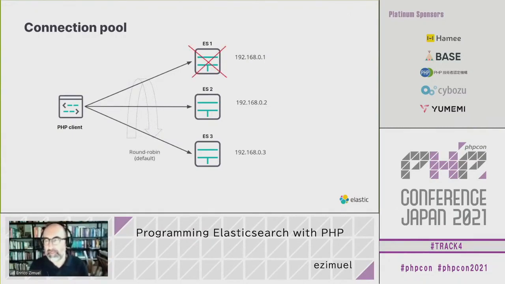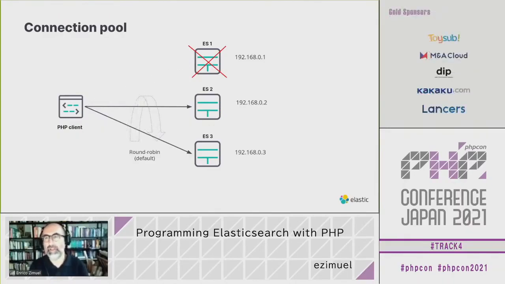But imagine that a node is down. For instance, node 1 is down. Automatically, PHP is able to understand that node 1 is down, and it reduces the connection pool to use only node 2 and node 3. So this is done automatically. You don't have to do anything, basically.